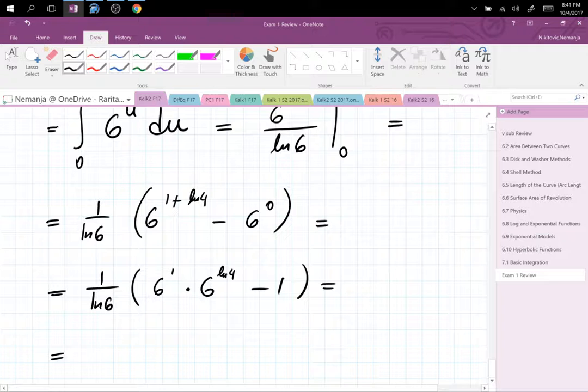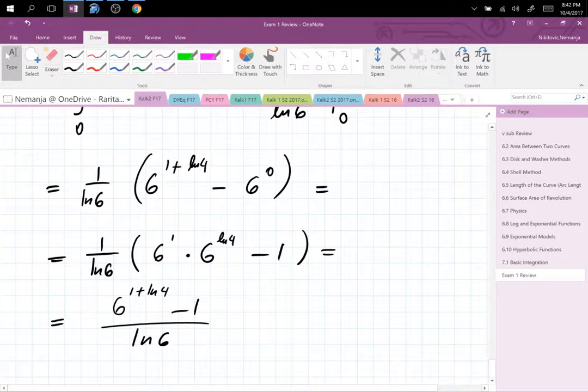I would write it as 6 to the 1 plus ln 4 minus 1, over ln 6. Maybe that's annoying to type in, especially in MATLAB, and chances are they might have a different form, so it's going to be marked as wrong. But if you reveal their answer at the end, you may realize it's algebraically equivalent, at which point you know you have it right.